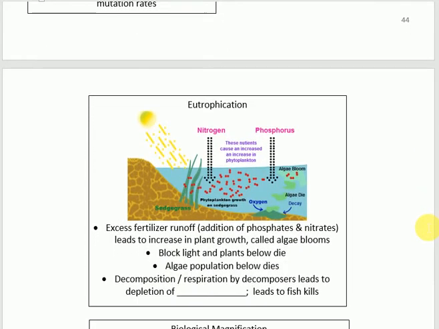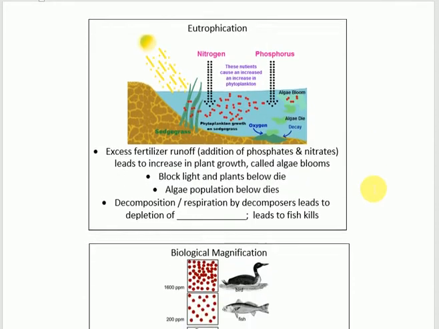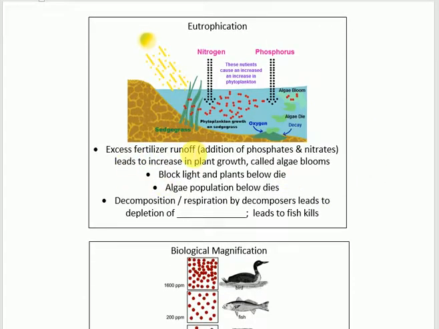Then we have eutrophication, which we looked at a little bit. And this is what we talked about, the excess fertilizer running off, adding phosphates and nitrates to the ecosystem leads to an increase in plant growth. It's also called algae blooms. And this can be a natural thing. It's not just because of the runoff, because some ponds, etc., do go through this cycle.